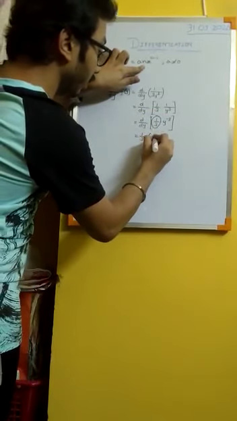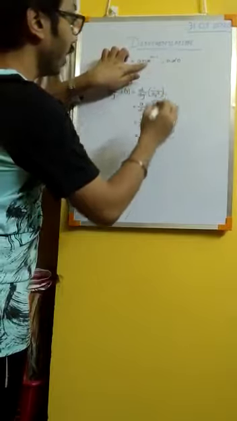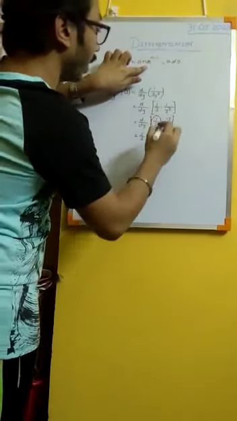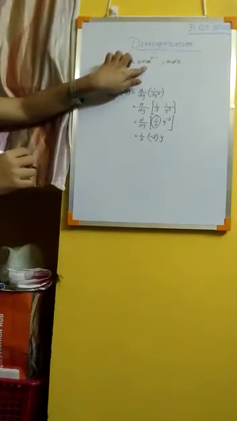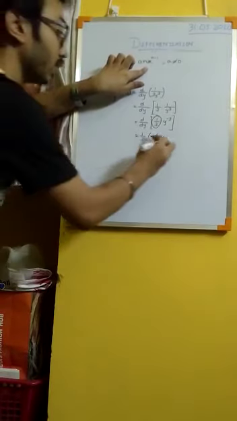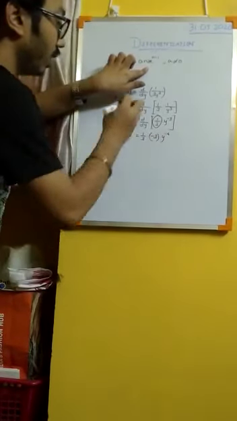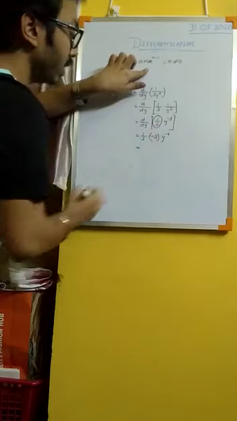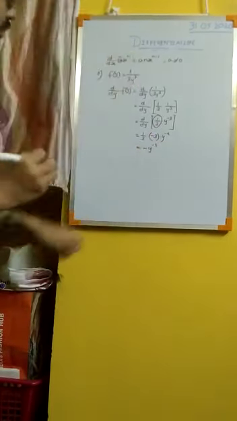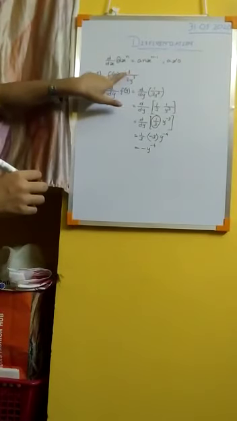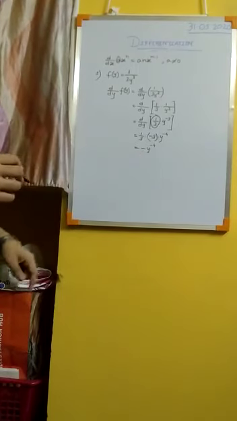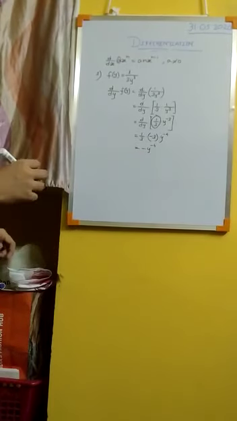Then minus 3 into y to the power n minus 1, that is y to the power minus 3 minus 1, which is y to the power minus 4. Now reducing this, we have minus y to the power minus 4. So the differentiation of 1 by 3y cube is minus y to the power minus 4.